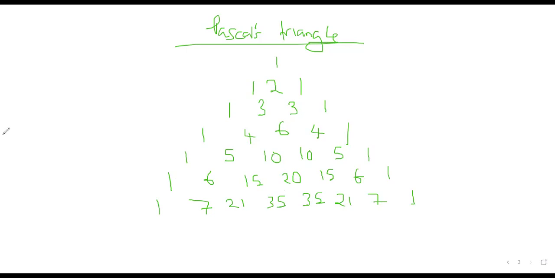So now, how does this help us calculate the combinations? For instance, we have 5 combination 3. You go where there's 5 as the second number, so you count 3 times: 1, 2, 3. The answer is 10. But 5 combination 1, you go 0, 1.